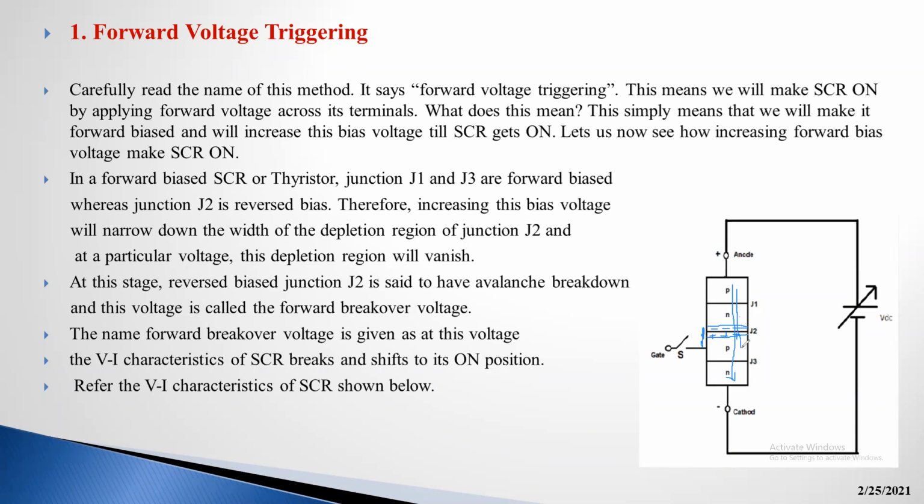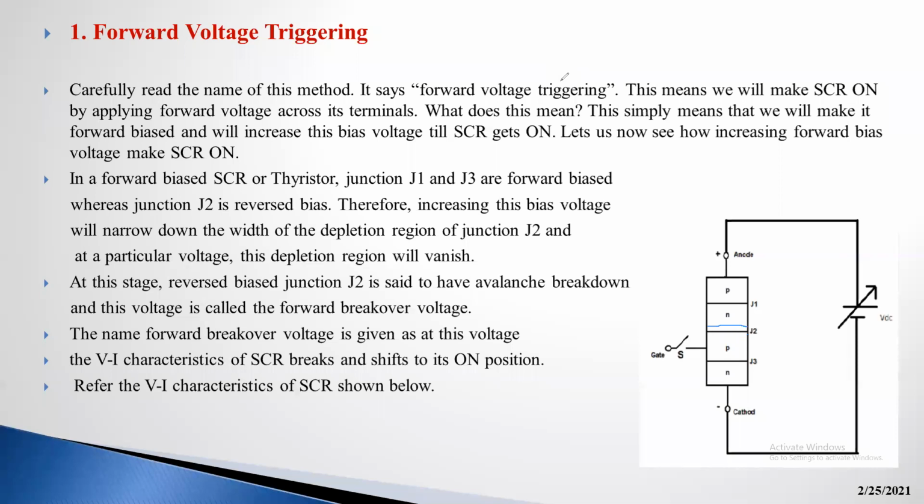If the other junctions are already forward biased, the current will flow from anode to cathode. Is it clear? This is the simplest. Clear? Next.